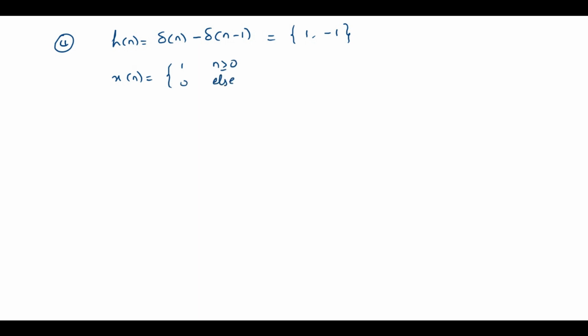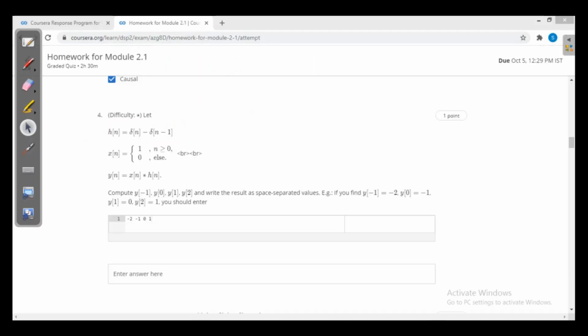Now the convolution: y of n is equal to summation over m, directly I am writing 0 to 1, of h of m x of n minus m. So we need to find the 4 values of y, that is at minus 1, 0, 1, 2.